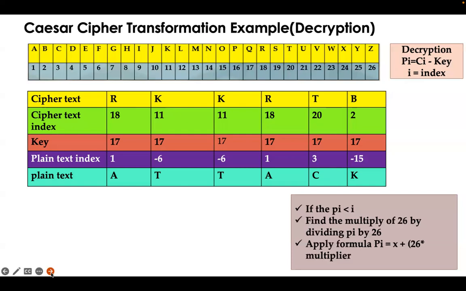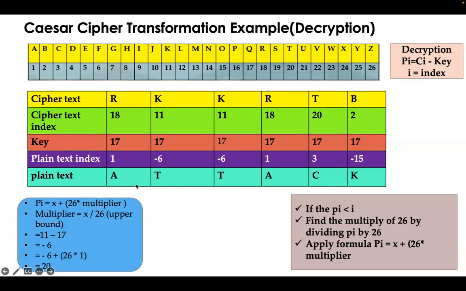We can know more details from an example. Now let's see the example that we have, -6.